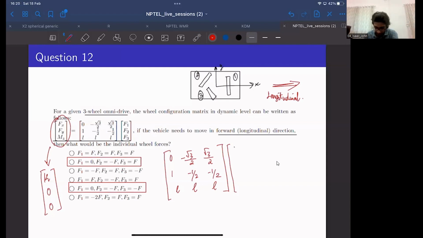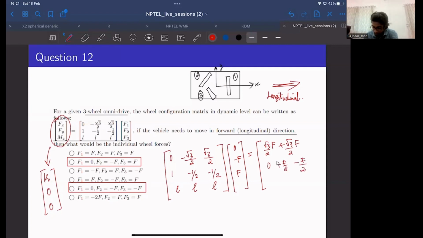So going by the second option, it'll be 0, minus f, plus f. If you multiply this out, what will we get? It'll be root 3 by 2 times f plus root 3 by 2 times f. The first row. The second row would be 0 plus f by 2 minus f by 2.